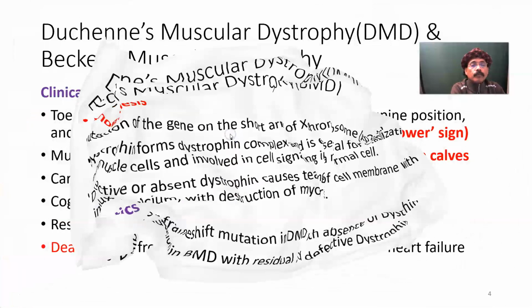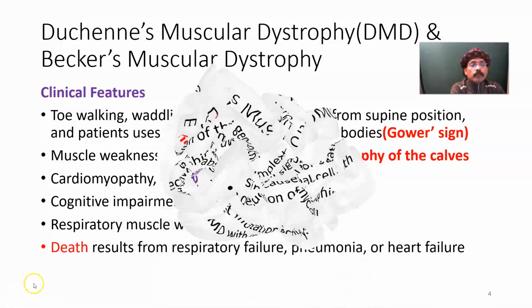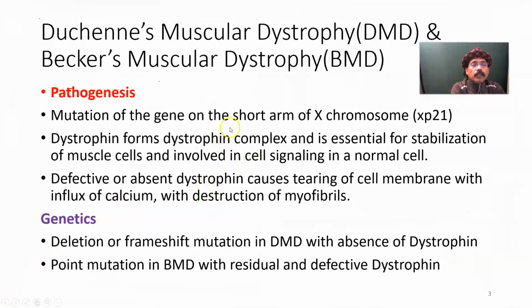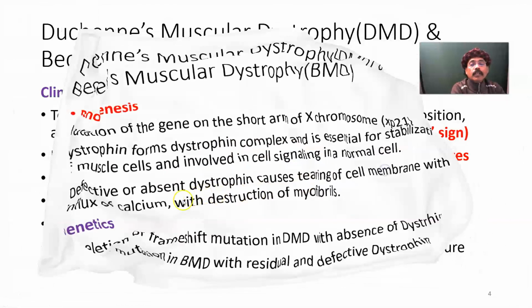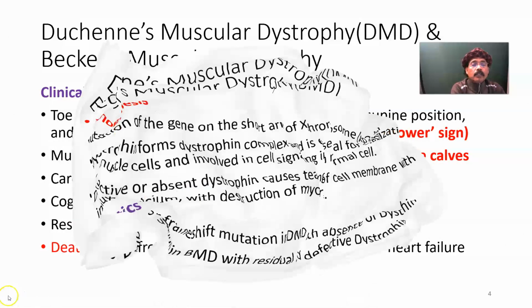So dystrophin will make a complex here, plus glycoprotein. The glycoprotein and dystrophin complex is essential for stabilization of the muscle cell and involved in cell signaling in a normal cell. So what happens?